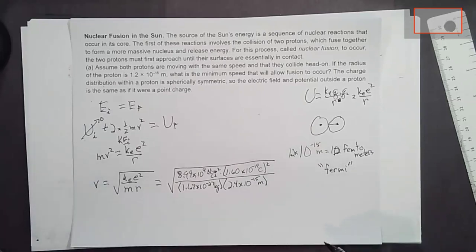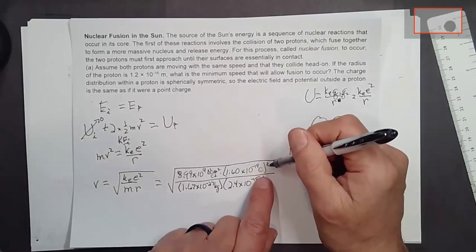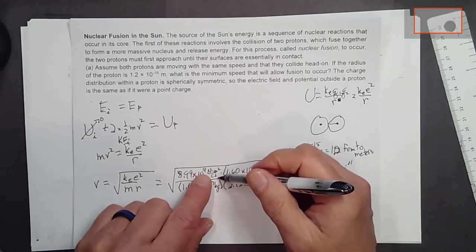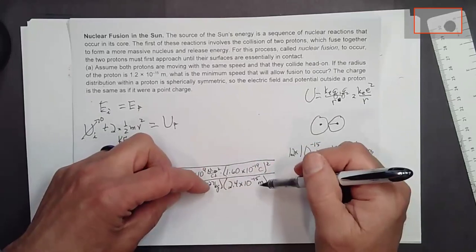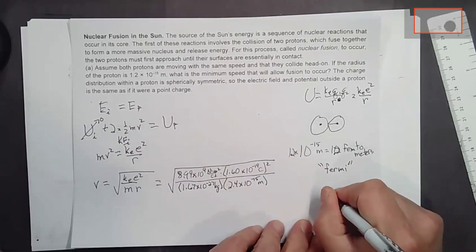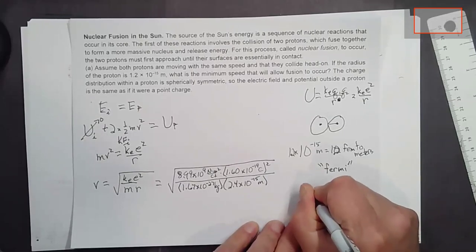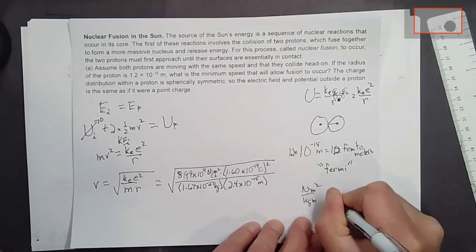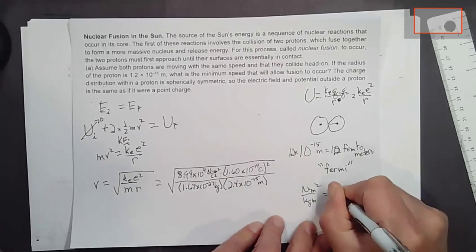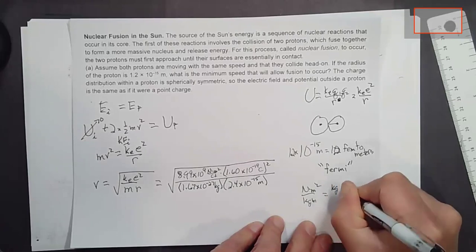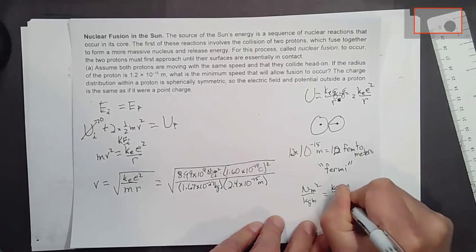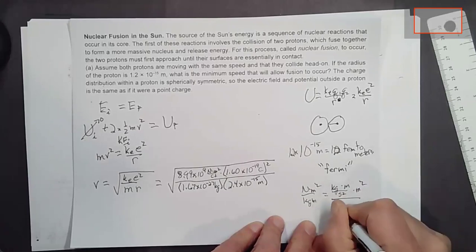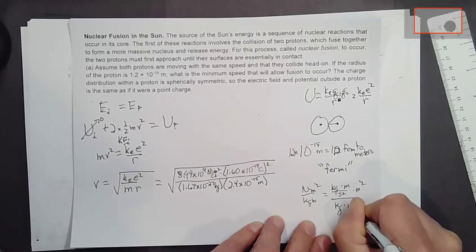Okay, what's going to happen to the units here? Well, one thing that's going to happen is that these coulombs squared will divide with those coulombs squared. So I'll have Newton meter squared over kilogram meters. And what's a Newton? A Newton is a kilogram meter per second squared, and I'm multiplying by meters squared, and I'm dividing by kilogram meters.